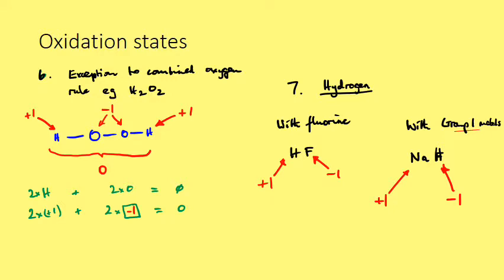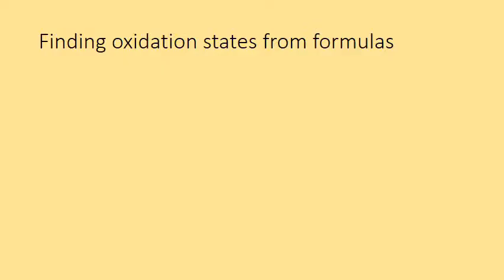But what I think we'll do, just to cement all this in your understanding, is we'll go through a few examples that you might come across in an exam. So in your exam, you may get a question asking you to work out the oxidation state of one element in a compound. So let's do that sort of example here.